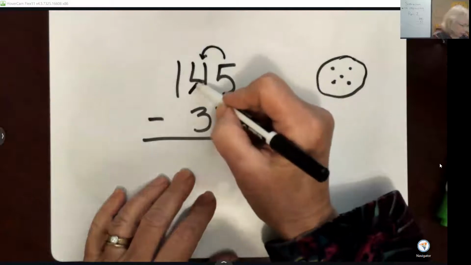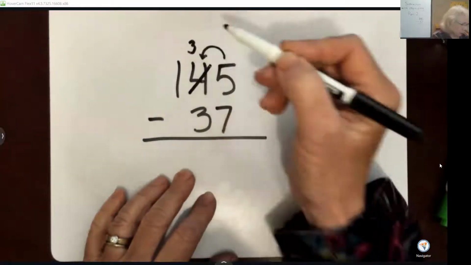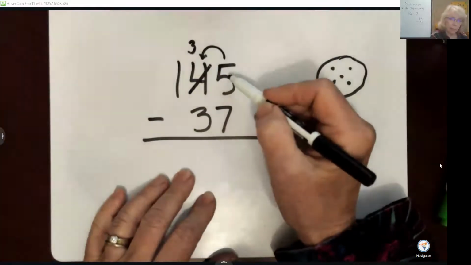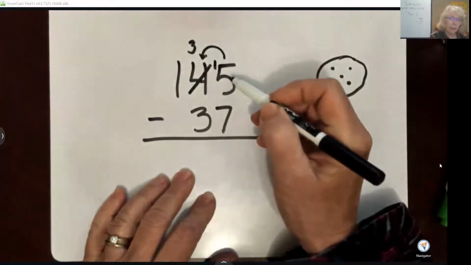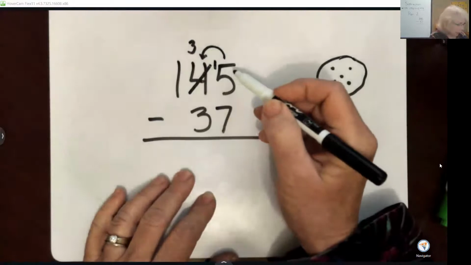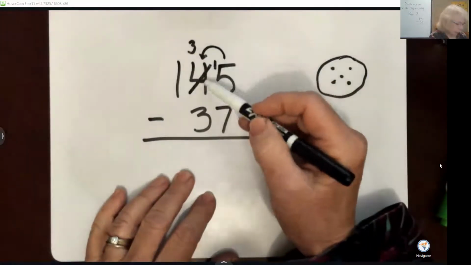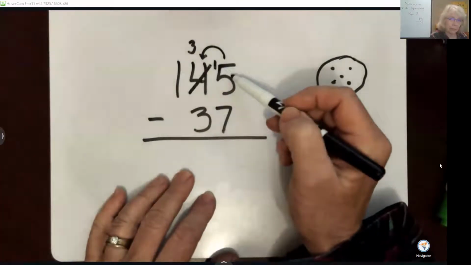And so when 4 loans 1 to 5, the 4 goes down to 3. And the 1, which he's loaning to the 5, comes over here in front of the 5, is how I write it. And it becomes 15, because as you may have learned, that 1 that you're borrowing is from the tens place and is really a 10. So it makes this number 15.